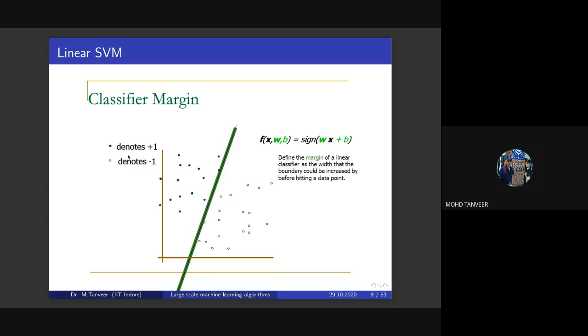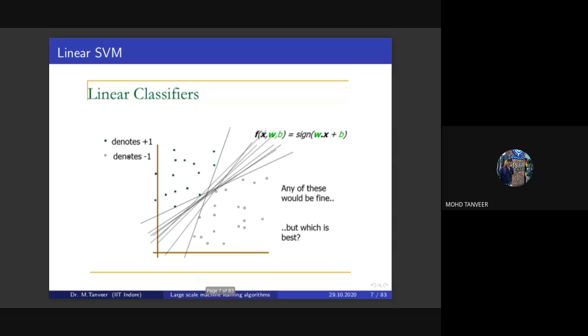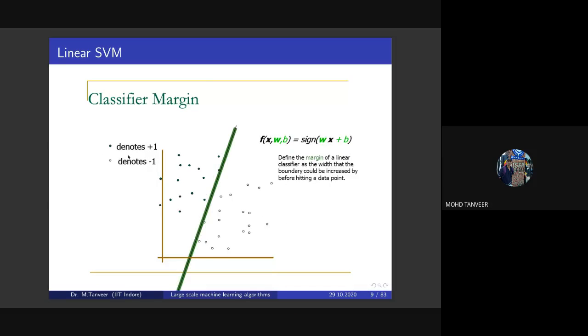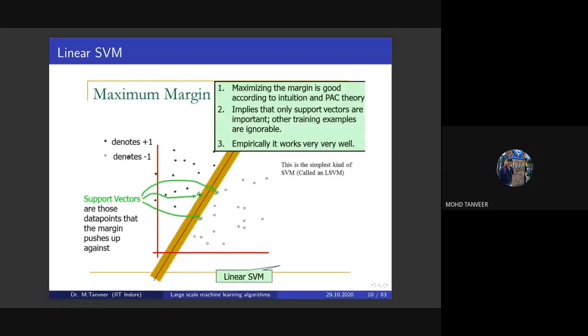Maximizing the margin is the first property, as I mentioned in the last slides: we are trying to find a decision hyperplane, and which hyperplane is best, which is the optimal hyperplane. So the first property of SVM is maximizing the margin. What is maximizing the margin?